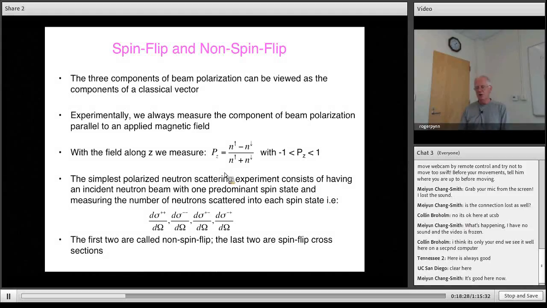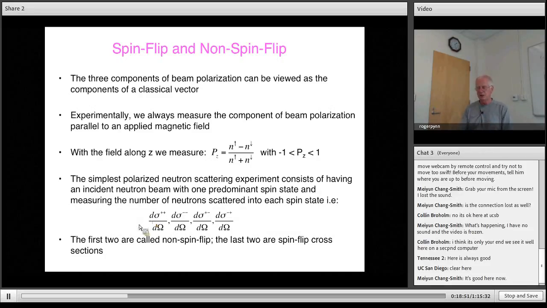So the experiment will consist, if it's complete, of measuring 4 different cross-sections. And I've given them here as the elastic cross-sections, in other words, d sigma, d omega, but I could equally well have written these as the full inelastic scattering cross-section that you've been introduced to in previous lectures.